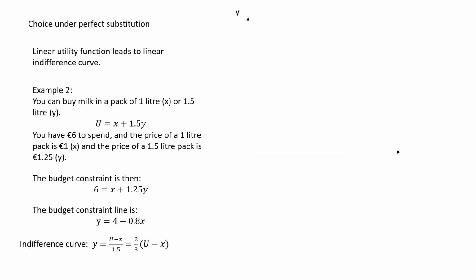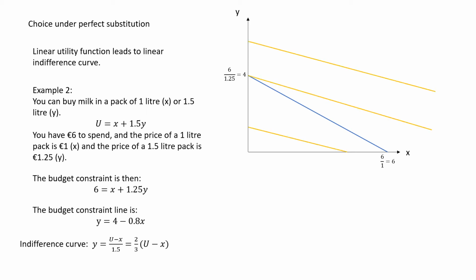Let us draw the budget constraint line first. If you spend all your money on 1 liter packs, you can buy 6 of them. If you spend all your money on 1.5 liter packs, you can buy 4 of them. And connecting these intercepts gives us the budget constraint line. The indifference curve can be drawn for different utility levels.